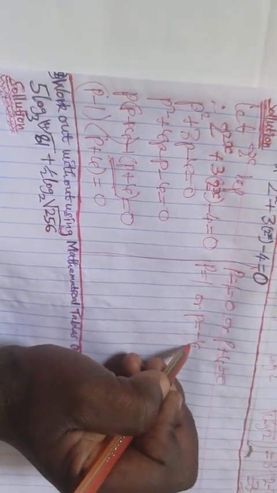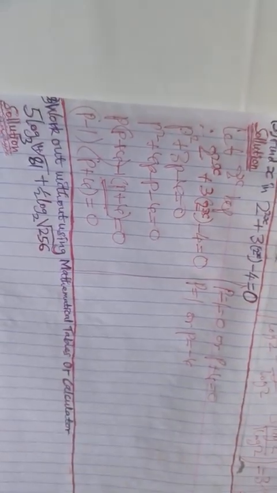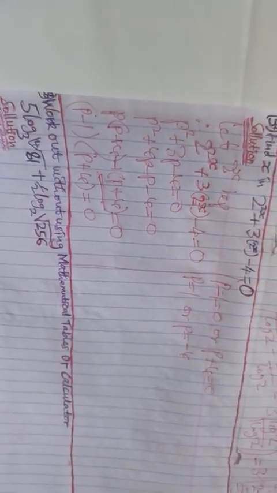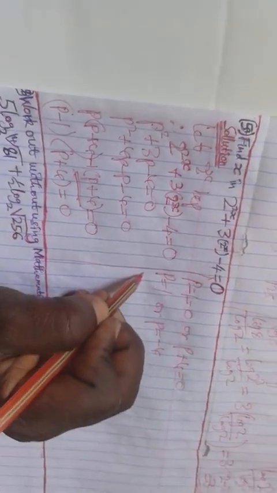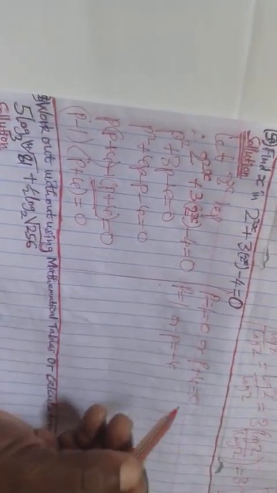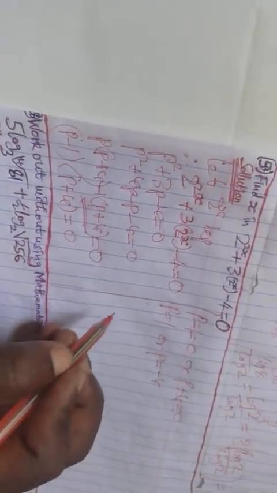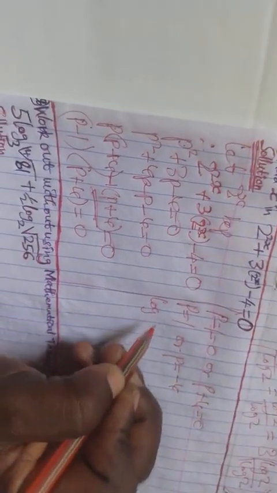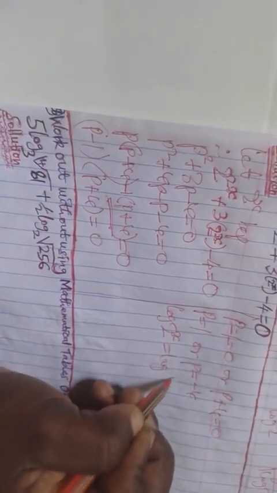We have seen that p is positive 1, but in our initial statement we said that p is 2 power x. Therefore, by converting the indices to logarithm, log 2 power x is equal to log 1.